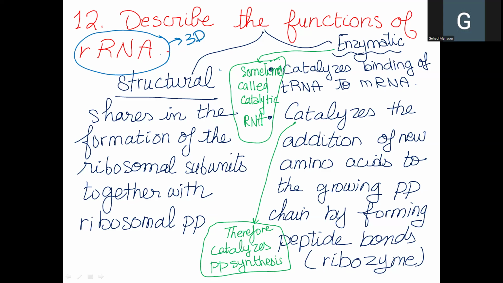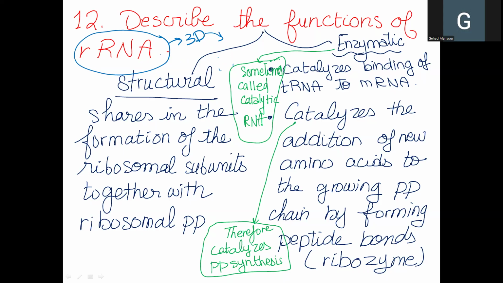And in that 3D shape, this is a very important point to emphasize. It's not only a protein that can shape itself into a 3D functional protein with active sites and catalytic sites and active domains, but the RNA, especially the ribosomal RNA, can shape themselves into 3D shapes.